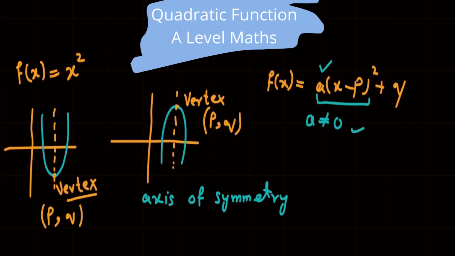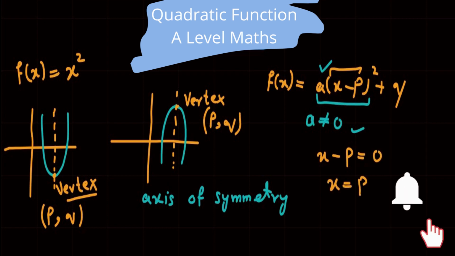Okay, so the axis of symmetry, the main thing that we were talking about. This factor which is x minus p, if I put it equal to 0, x minus p is equal to 0, that means x is equal to p is the equation of the axis of symmetry.